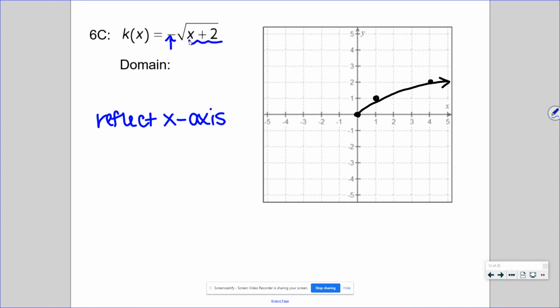And then this plus 2 is on the inside, which indicates a horizontal movement, and plus means it's moving to the left. So we are going to flip it and move it to the left 2 spaces. The origin won't flip, so you just move it to the left 2. 1, 1 will flip to here, and then left 2. And then 4, 2 will flip to 4, negative 2, and left 2 spaces.